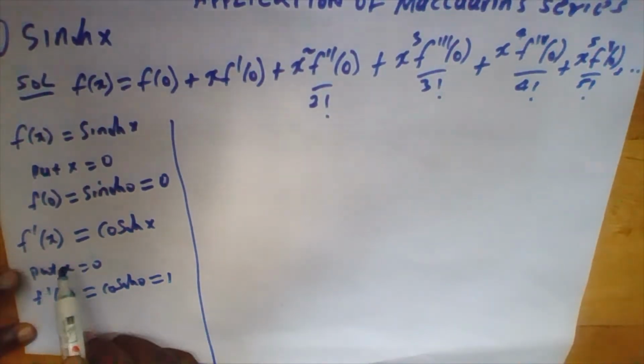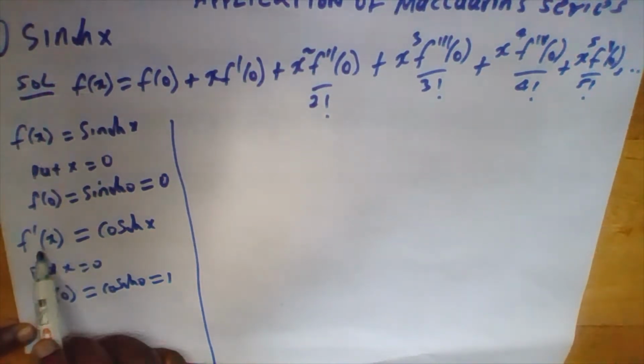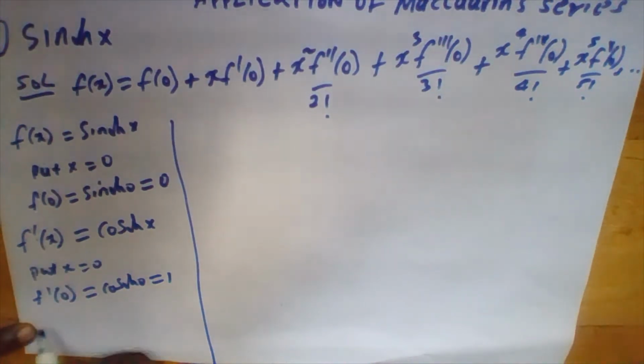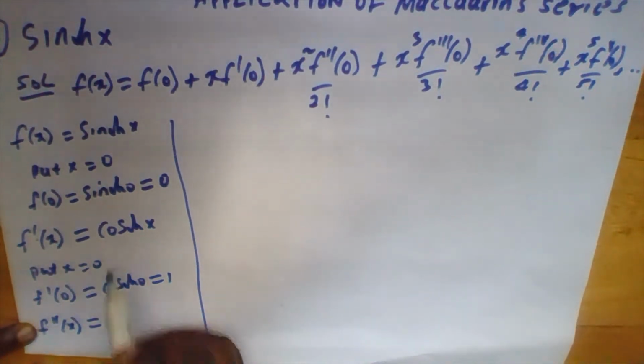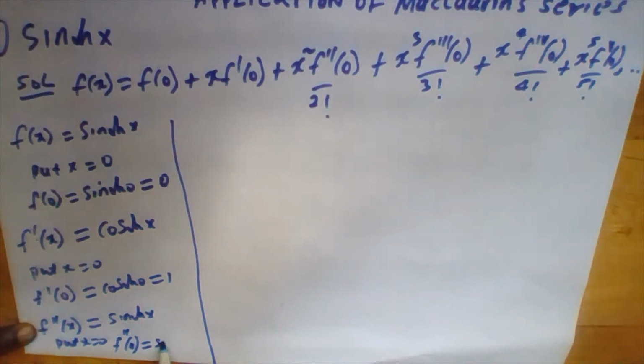Now we differentiate cos x here. When you differentiate f prime, we get f double prime of x equals, when you differentiate cos x, minus sin x. Then we put x equals 0. So here we have f double prime of 0 equals sin 0, which equals 0.